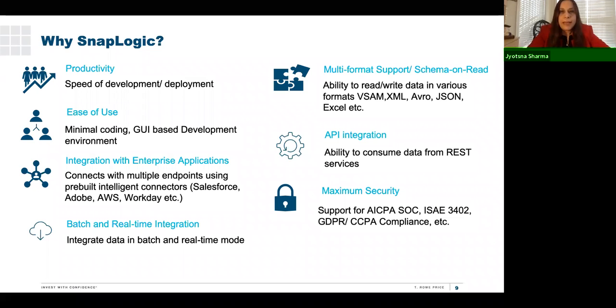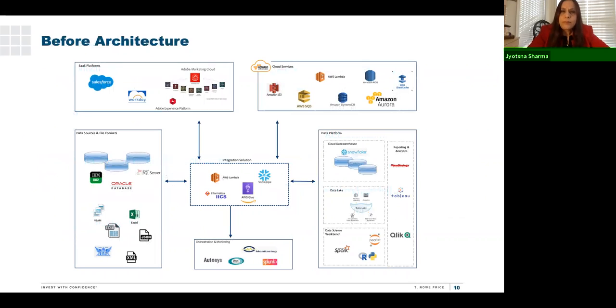And moving on to the next slide, this is a glimpse of our before and after architecture. Just an illustrative architecture, it does not depict the entire architecture or the tools and technologies we have in place. But if you look at the diagram, on the left-hand side we have our internal and external data sources coming in different formats.